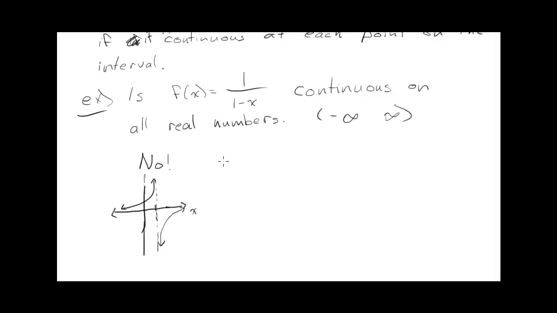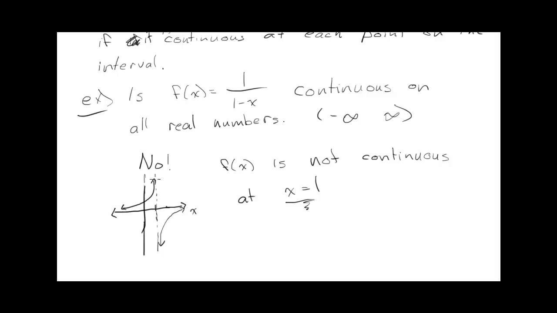So f(x) is not continuous at x equals 1. Why?